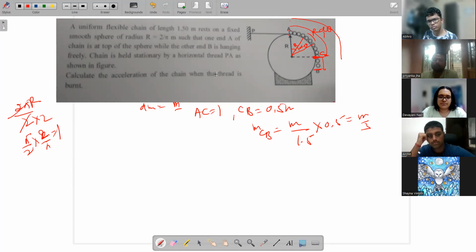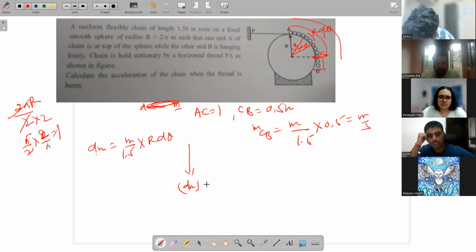And for this portion you have to do that thing: take the element, then find that. So dm is mass upon total length into r d theta. Again, this is the same thing that we did in question number 1. dmg, and this is normal, and this is angle theta.